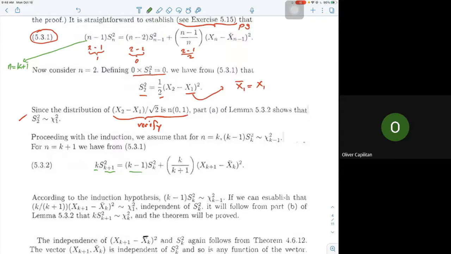By assumption, this expression has a chi-square distribution with k minus 1 degrees of freedom.